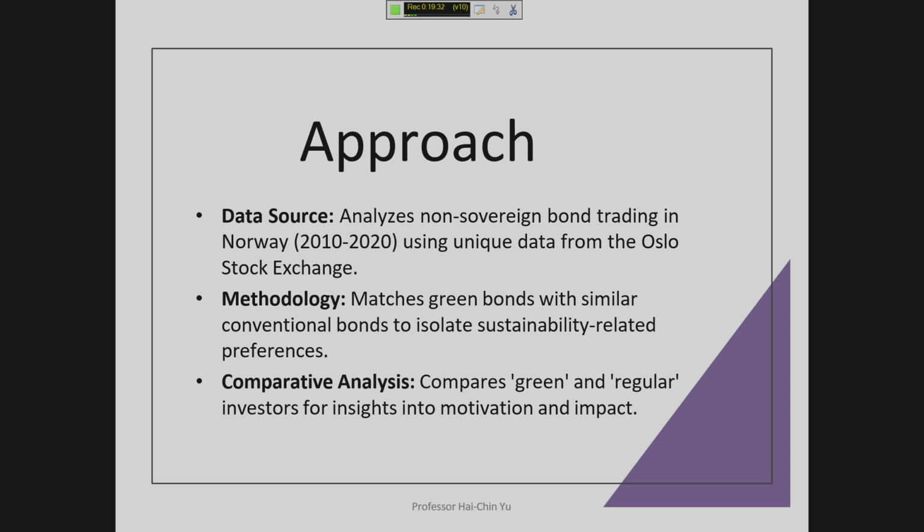So this paper collects data using Oslo Stock Exchange, Norway's data from these 10 years. So it's a very European-oriented data, and they're using matching methodology to compare green bonds with conventional bonds to isolate the sustainability-related preference.